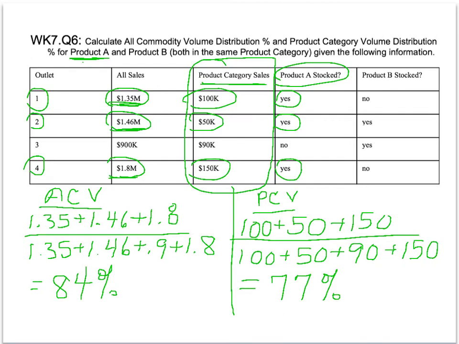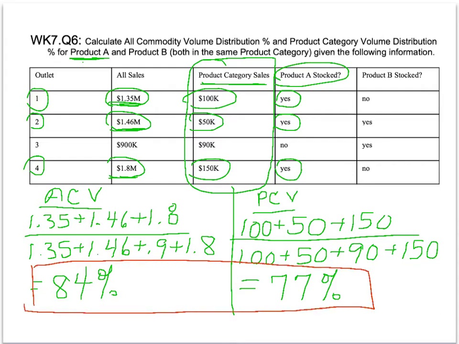It's very interesting to note the difference here. What does this mean, and why are they different? An ACV of 84% tells you essentially that your product is available 84% of the time that it may be sought after. But that is based on all sales, the total sales generated for the outlet.